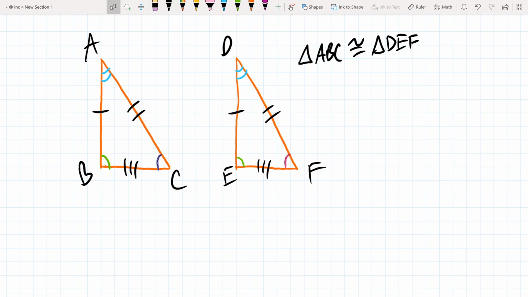There are different combinations of angles and sides that, if you show they're congruent, are enough for the triangles to have to be congruent. I'm not going to get into that right now, but that's something you're going to have to do in the future. Now, we're not talking about congruent, we're talking about similar.